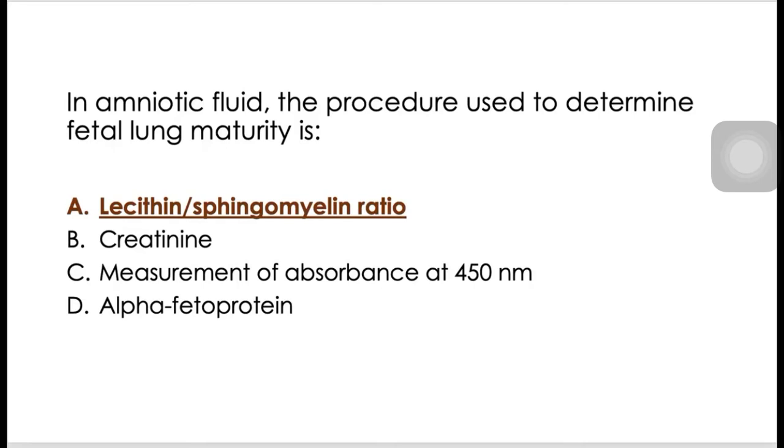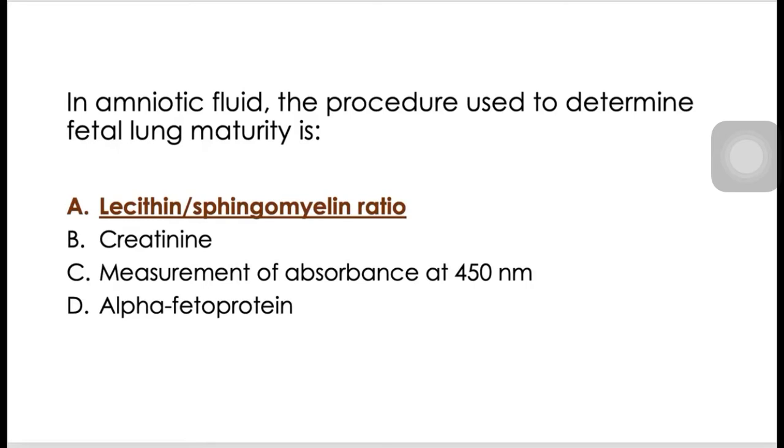While letter C, for the measurement, naman po, of absorbance at 450 nanometer, this one is to detect, nga po, the presence of bilirubin, which is increased, no, in case, po, of hemolytic disease of the newborn. No?